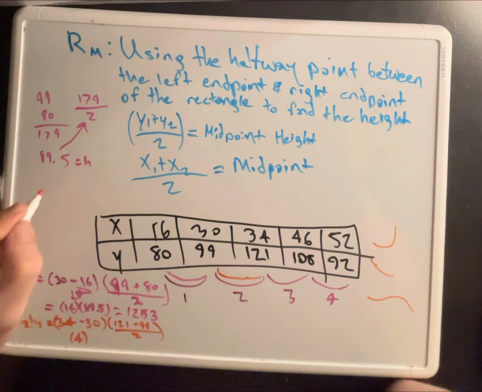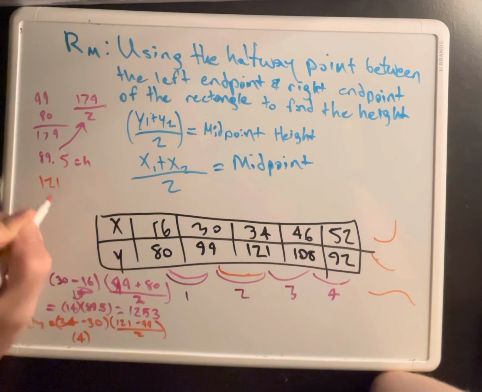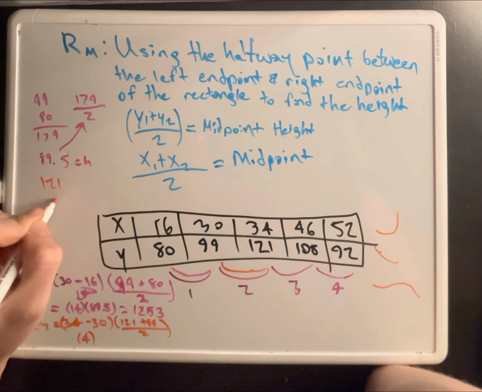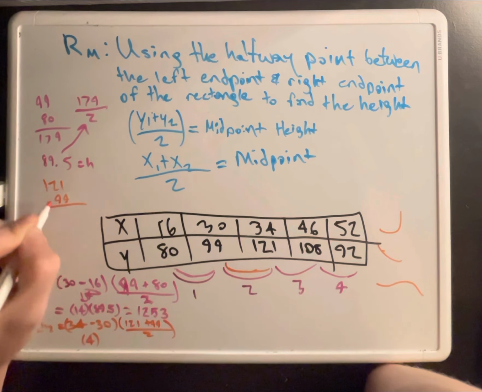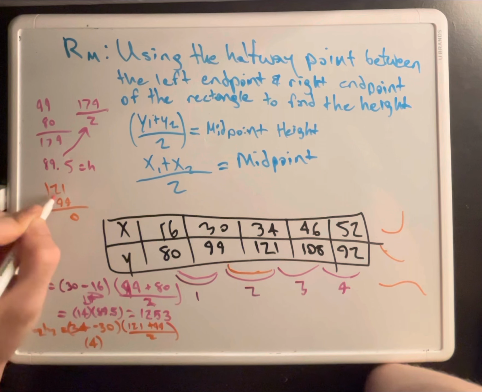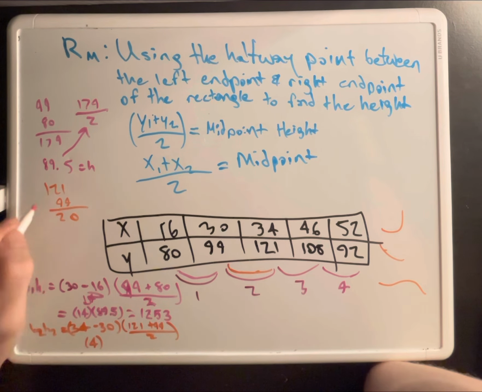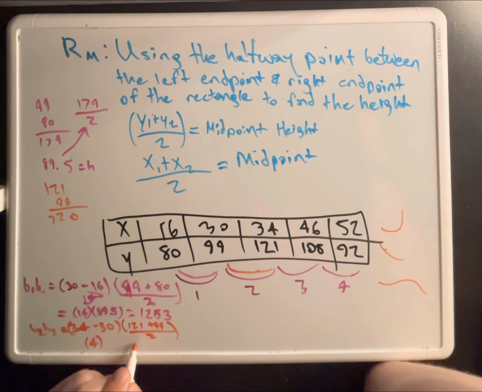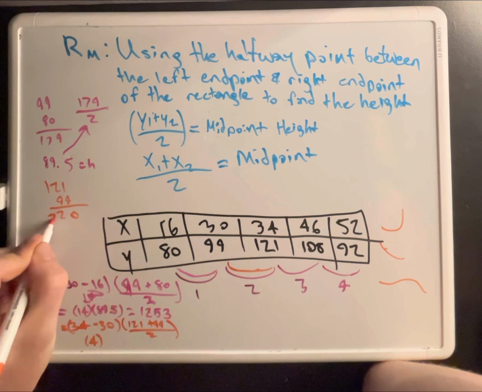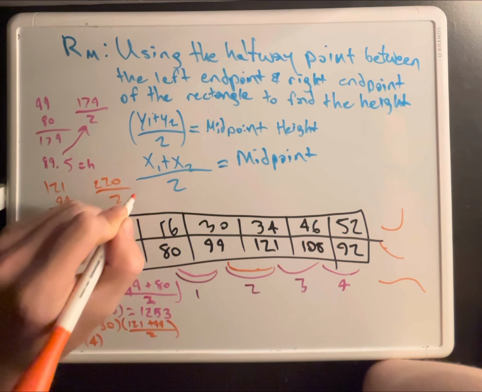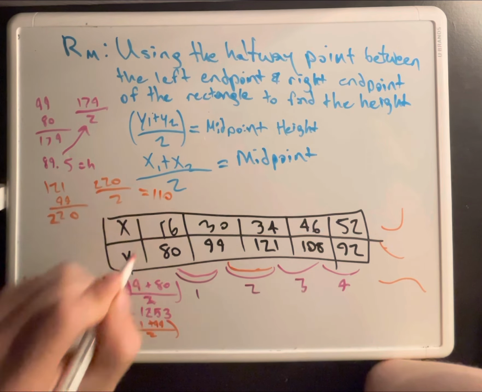So back to this problem. 121, that's a plus, don't let me trick you, 99. We have 0, carry the 1, 11, 12. Carry the 1 again, 220. Oh, and then we have 220 divided by 2, which is 110.